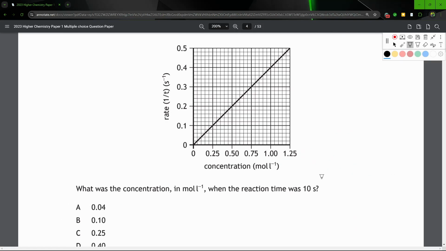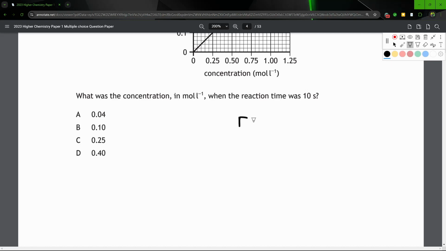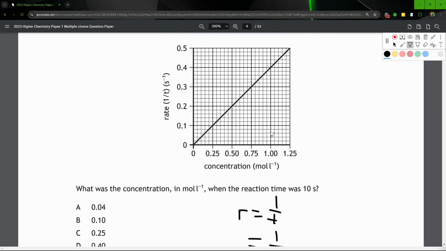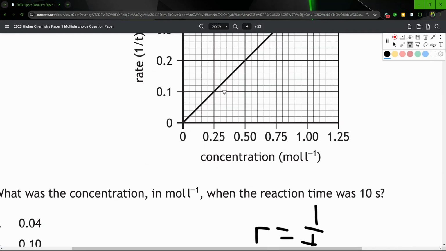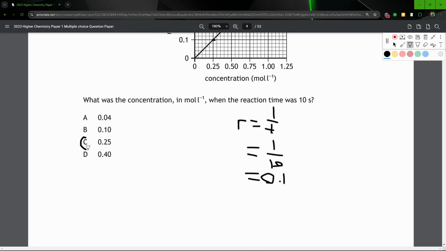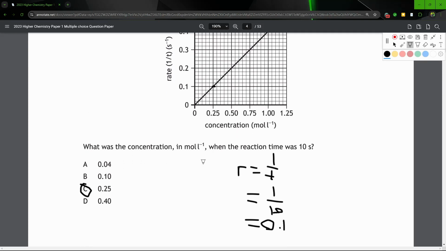So what we need to do is transcribe this 10 into relative rate, and you can calculate rate as 1 over time, which is 1 over 10, which is 0.1. So we need to look at 0.1 on this graph, and we can see it's here, and we're going to need to go down to concentration, and it's going to be 0.25. And yep, that is the correct answer.